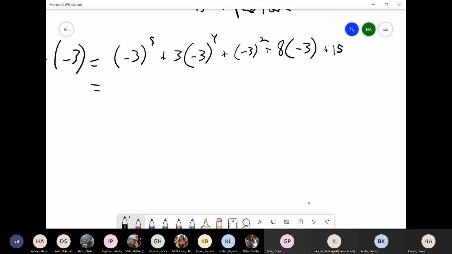So this is the same thing as if I had -3 to the 5th. All I did is pull that negative out because I know that's going to be the end result anyway. Now if I look at the other piece, which I've underlined, this 3 times -3 to the 4th, well, -3 to the 4th, the negatives are going to totally cancel out. How do I know that?